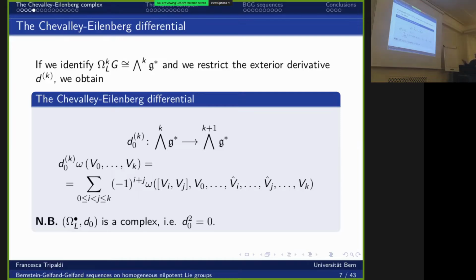In this case, the Chevalley-Eilenberg differential is just the d applied to left invariant forms. If it has constant coefficients and I differentiate, I get 0, right? So this is why this is the only thing that is left. This is a complex, so you can compute the cohomology of this complex.